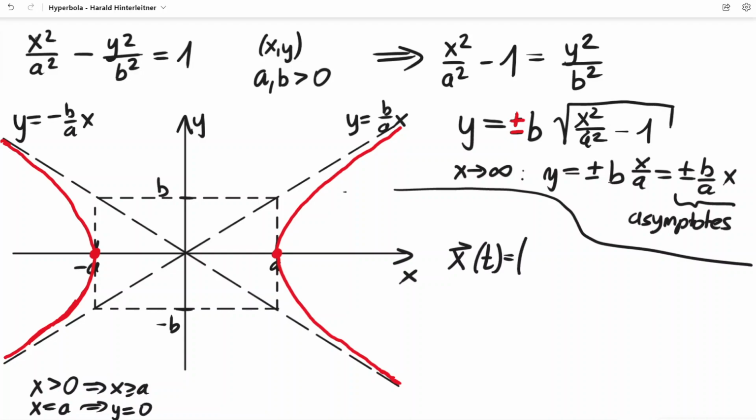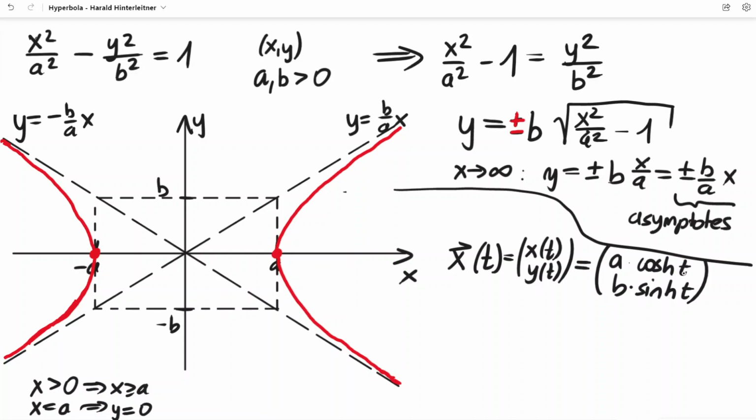So a curve, a parametric representation, has a parameter t and an x and a y coordinate depending on this parameter. And I claim that it can be expressed as a times cosine hyperbolicus t and b times sine hyperbolicus t. So we need to verify this assertion.